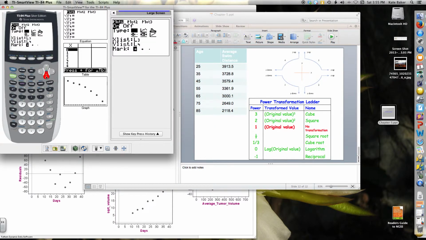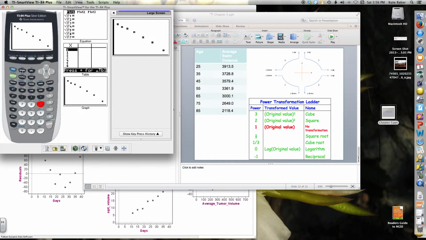I'm going to keep my list 4 alone, but I'm changing this to list 5. And I'm going to go look. Zoom 9. That looks a lot straighter. I'm wondering if squaring the swim time would make it even more straight. So I'm writing down in list 6, I'm going to square the swim that's in list 4.